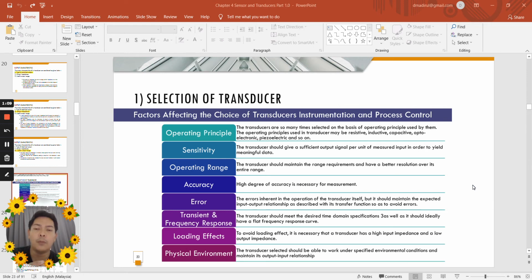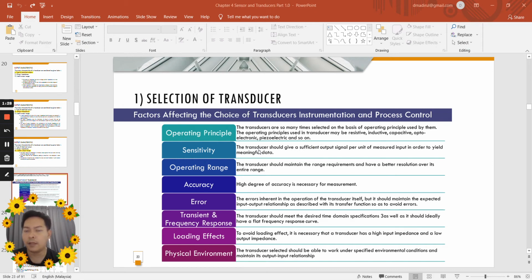In the case of operating principle, transducers are many times selected on the basis of the operating principle used by them. The operating principle used in the transducer may be resistive, inductive, capacitive, optoelectronic, piezoelectric, and so on.